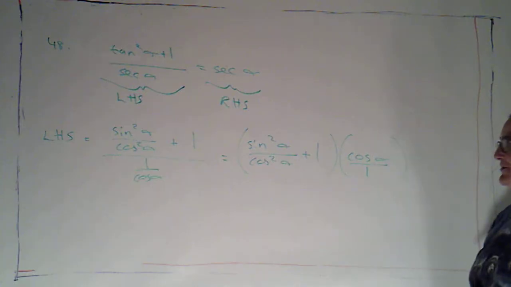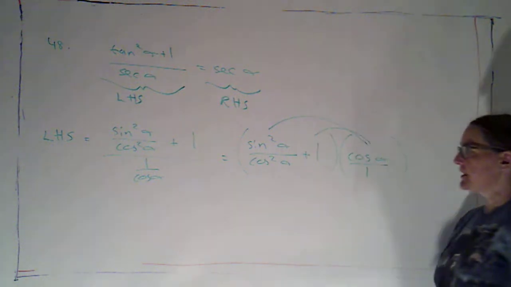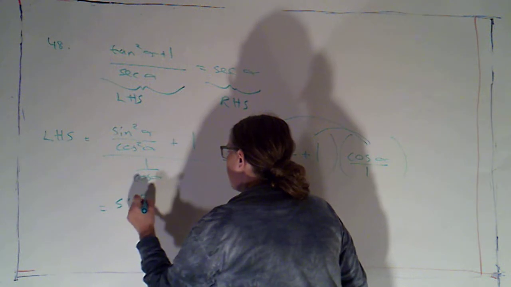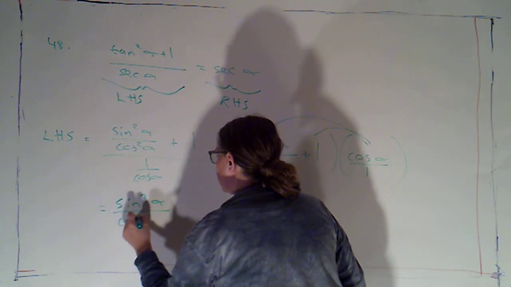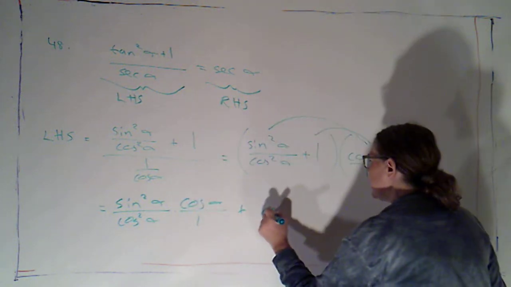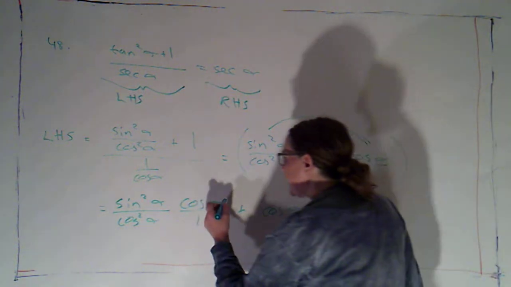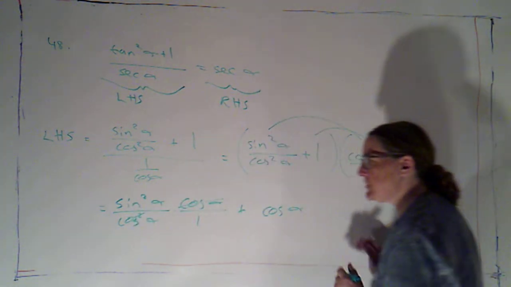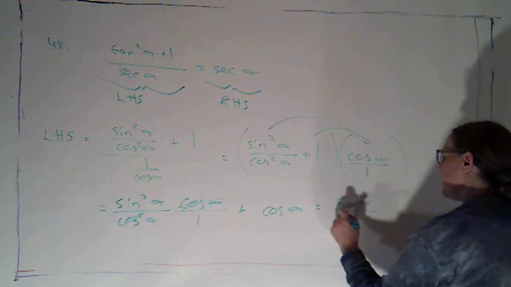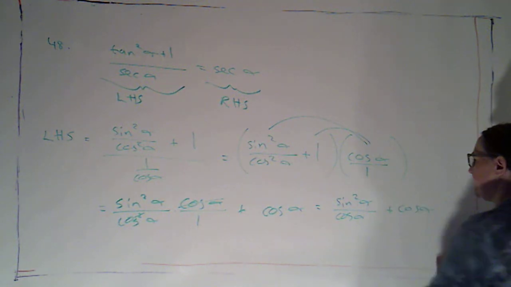If I want, I can write that as cosine of alpha over 1. So now I'm going to distribute that multiplication. So I'm going to get sine squared alpha over cosine squared alpha times cosine alpha over 1 plus just cosine of alpha. And here I can cancel one factor of cosine. So I'm going to get sine squared alpha over cosine of alpha plus cosine of alpha.